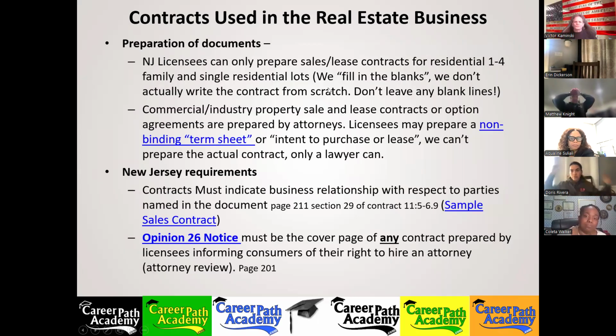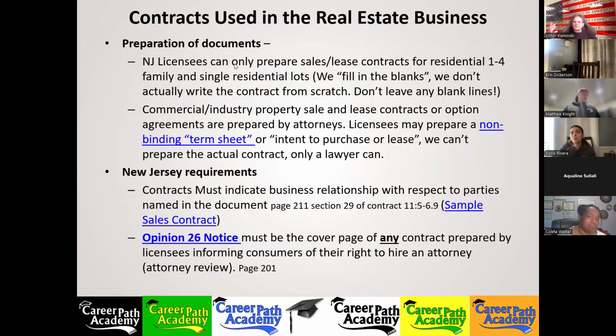So New Jersey, the preparation of the documents, okay, we're not writing contracts from scratch. These contracts are already prepared by attorneys and approved by the Real Estate Commission. We just need to fill in the blanks. So don't leave blank lines unless leaving a blank line specifically means something as written in a contract. Commercial and industrial properties, we don't prepare the contracts, remember?